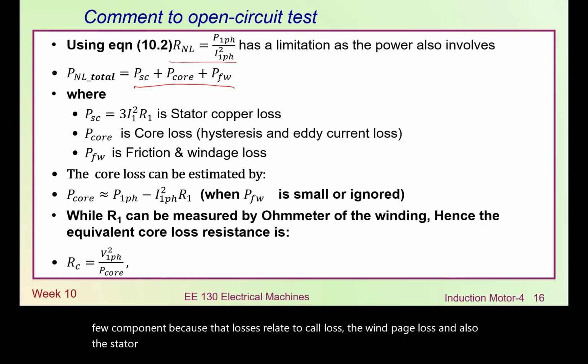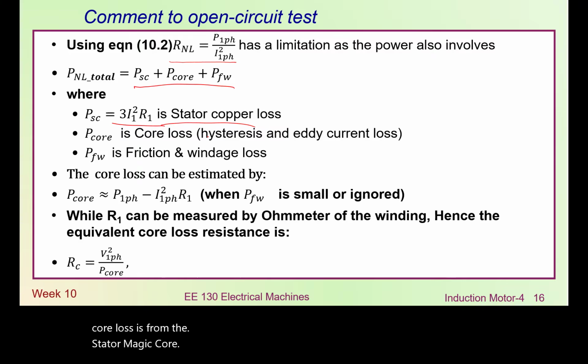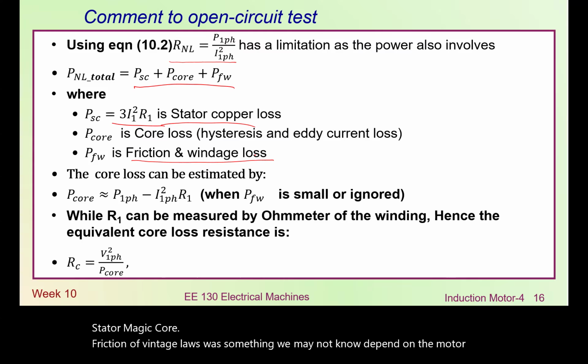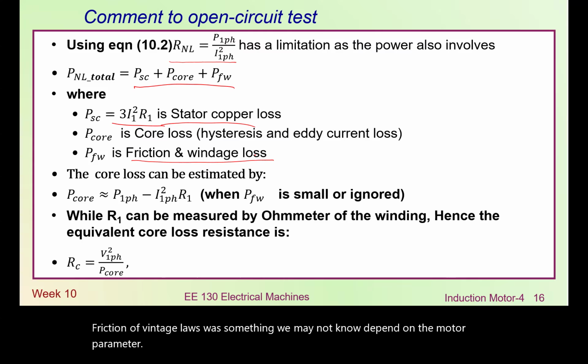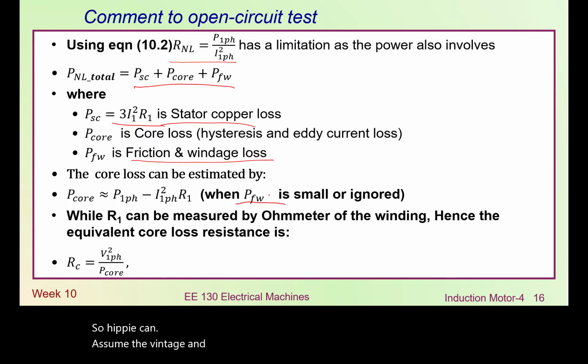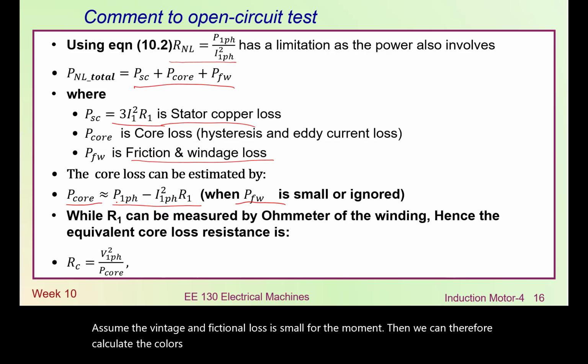The stator copper loss is just I squared R. Then the core loss is from the stator magnetic core, and also friction and windage loss, which we may not know and which depend on the motor parameters. So if we assume the windage and frictional loss is small for the moment, then we can calculate the core loss roughly by this simple formulation.